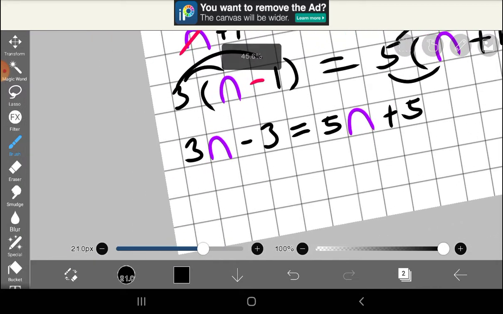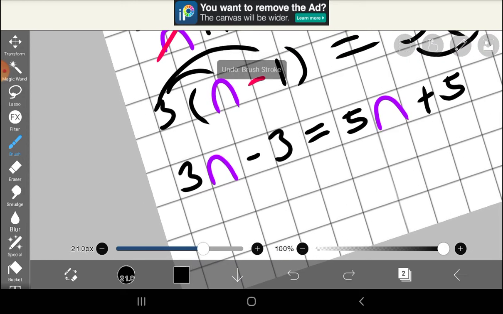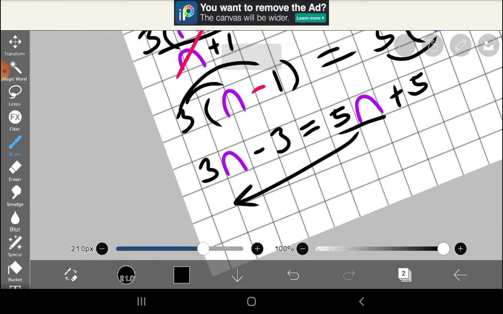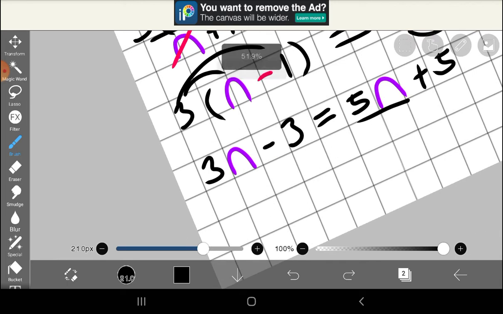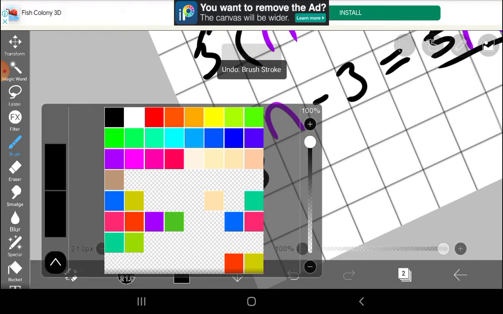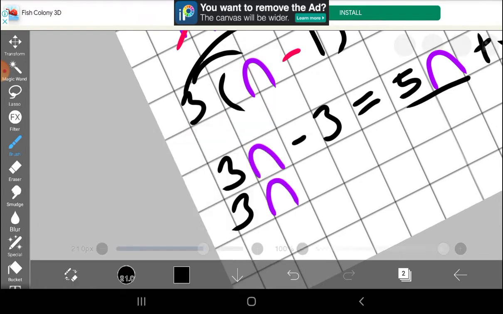Now, after solving it, we need to transpose the variable expression to the left side and the constant to the right side. So it will be 3n negative 5n.